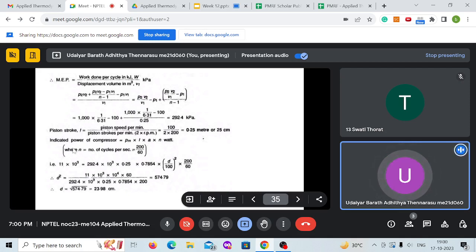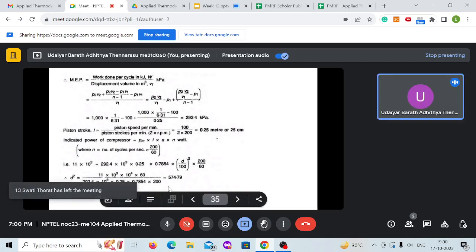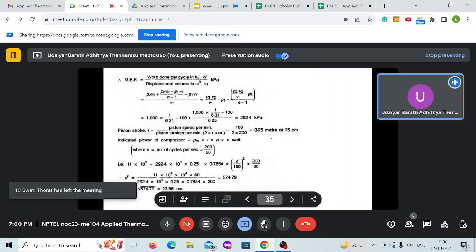So on substituting, we know indicated power is 11 kilowatt, which will be equal to mean effective pressure into stroke length, which I have calculated as 25 centimeter, 0.25, into area, pi by 4 d square, into number of cycles, which is 200 by 60. So from there we can find out the diameter. The diameter will come out to be 23.98 centimeter.